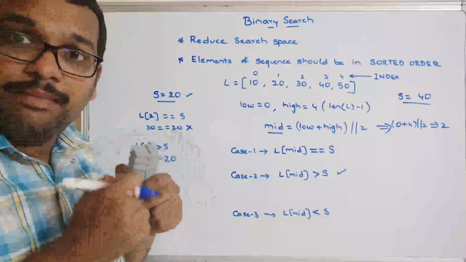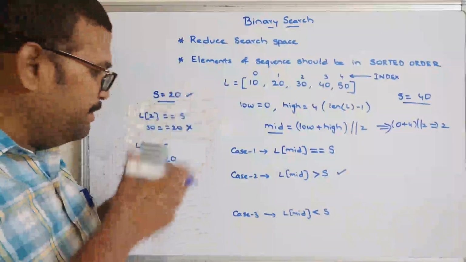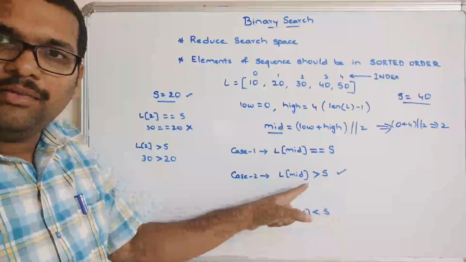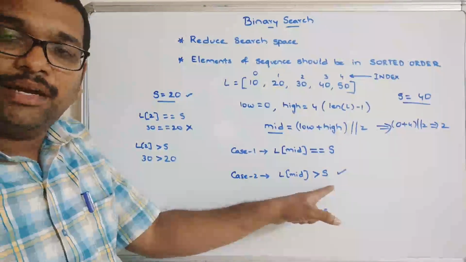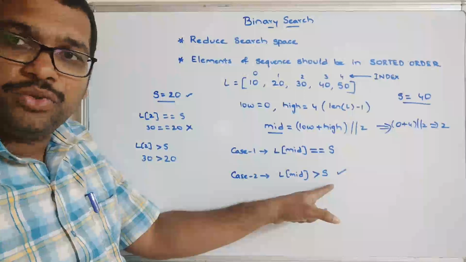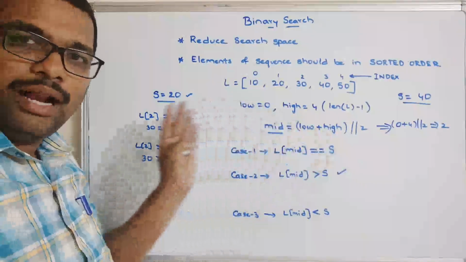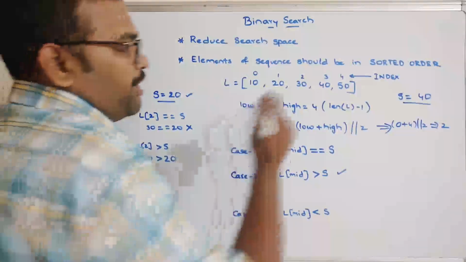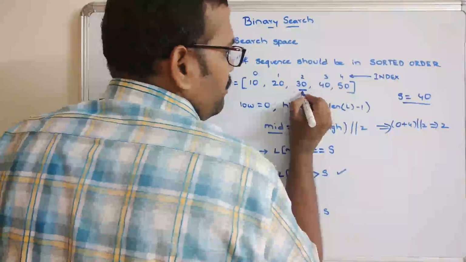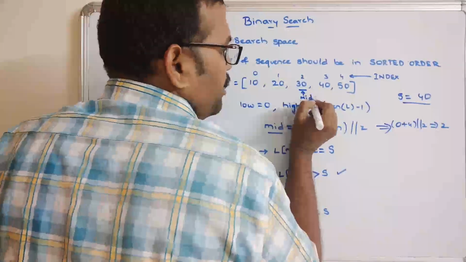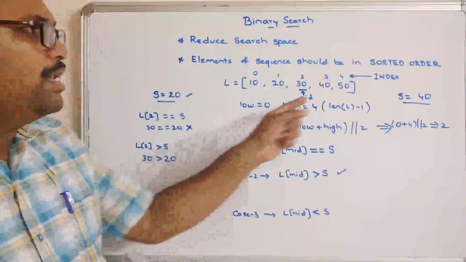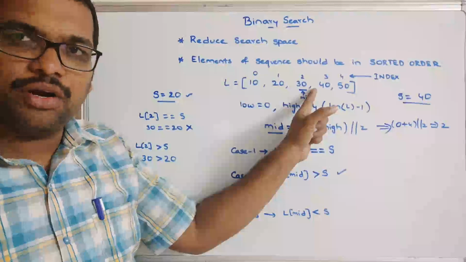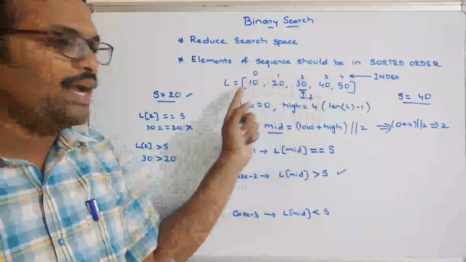If the middle element is greater than the search element, obviously the search element should be on the left hand side of the mid element, right? For example, you can observe here, this is the middle element. You are saying that the middle element is greater than the search element. Obviously, it is in a sorted order, so the element should be on the left hand side.